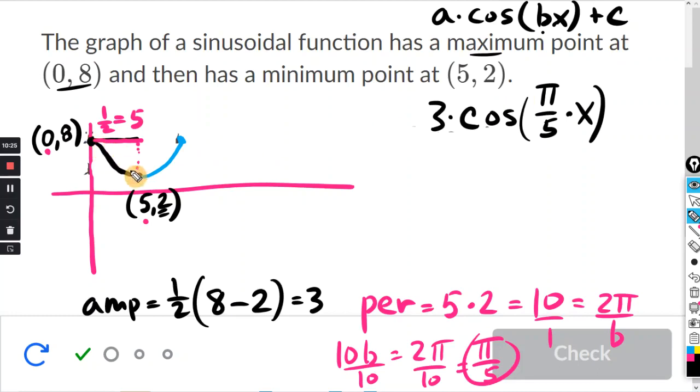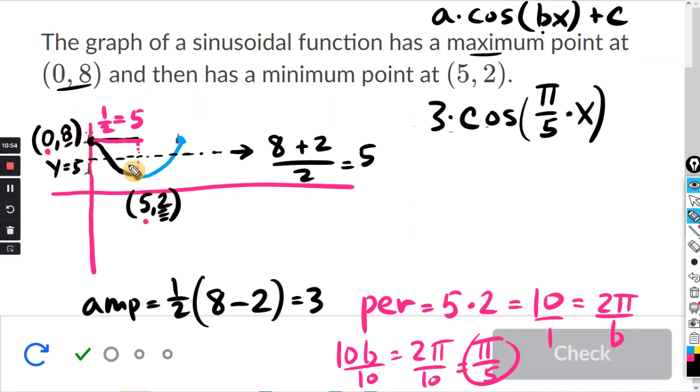Finally, the midline c. This is a max, this is a min. So the midline is going to be right in between the max and the min. All right, if the max is at 8 and the minimum is at 2, you just find the average. 8 plus 2 divided by 2, and that equals 5. So this midline right here is basically y equals 5.